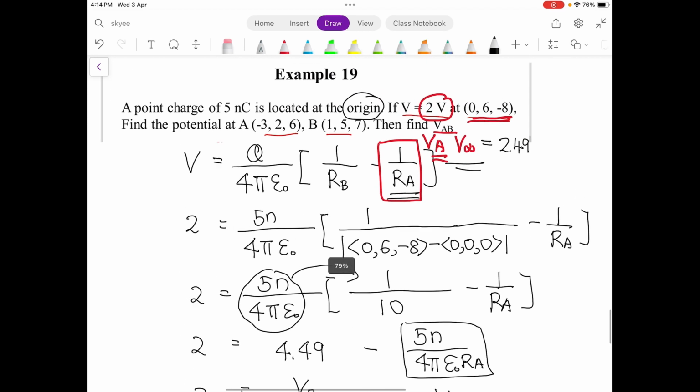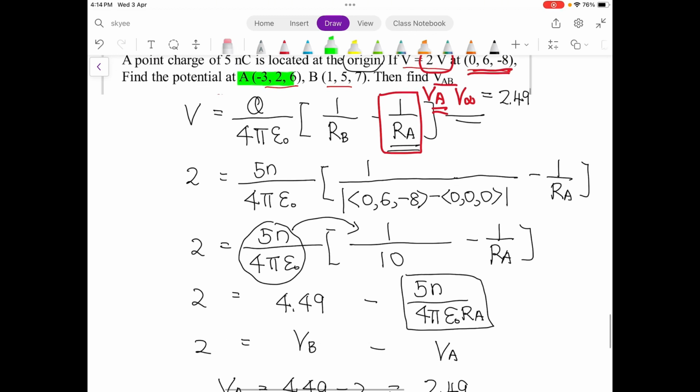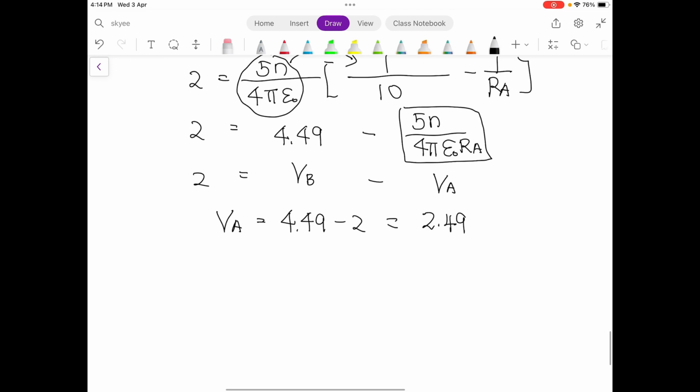Now we look at the second case. This is the other case. Find the potential at A. To find the potential at position A, we go to the same equation again.